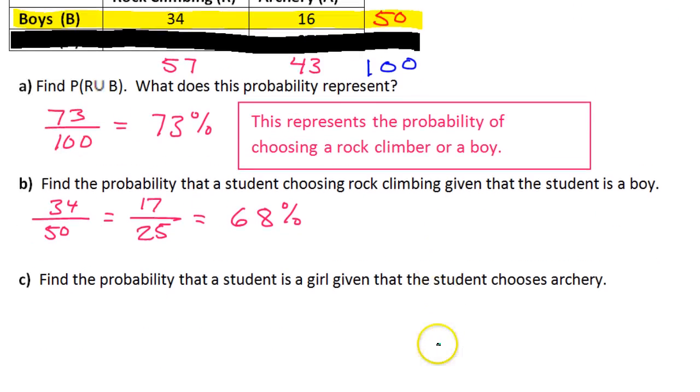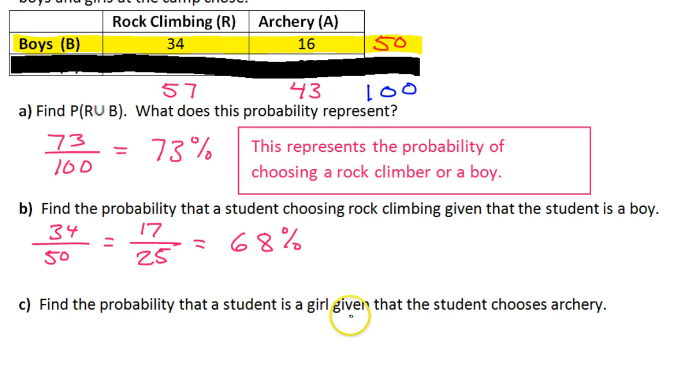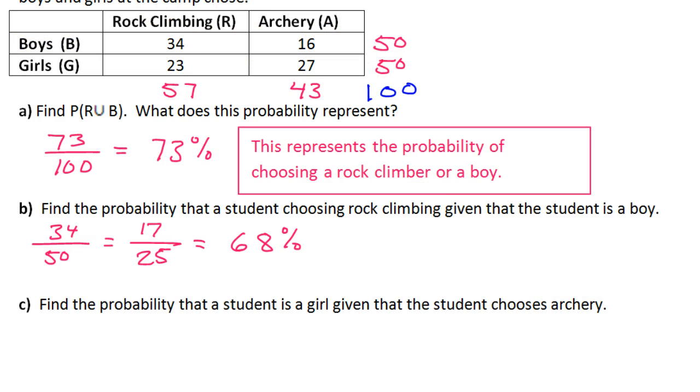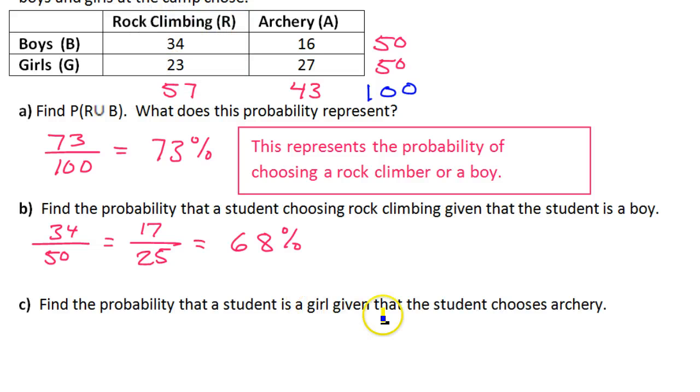Awesome. Now, find the probability that a student is a girl given that the student chooses archery. Again, I love it when they give us something because it makes the universe much smaller. Given that the student chooses archery, we are only going to live in the archery universe.